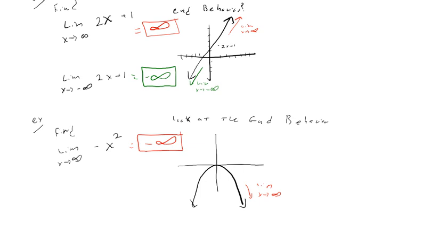Same thing as the limit as x approaches negative infinity of negative x squared. We can look at the negative end behavior. This side, also this side. Limit as x is negative infinity. Also this side, going towards negative infinity, going down. So we're looking at these end behaviors of the graph, figuring this whole thing out. Where's it going?